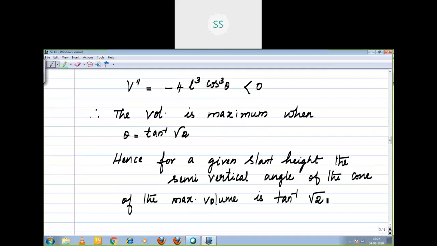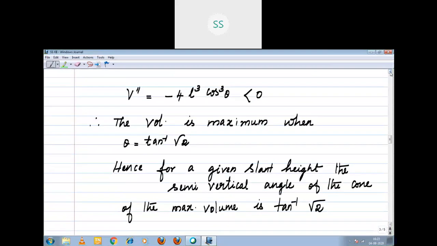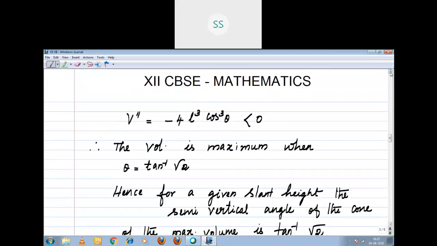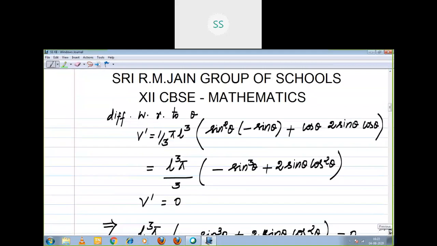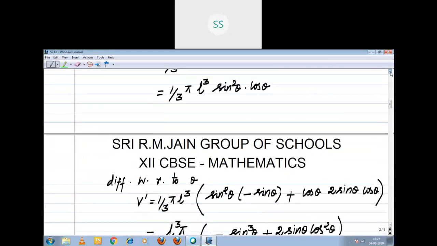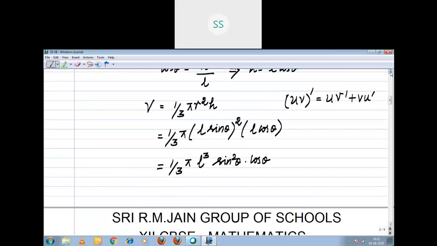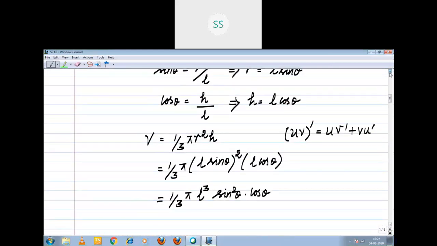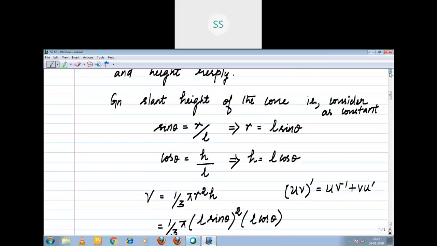Again, I'm going to teach you. You have to listen carefully. First step, you see the diagram. From the question you understood that it is a cone, so you drew the diagram.